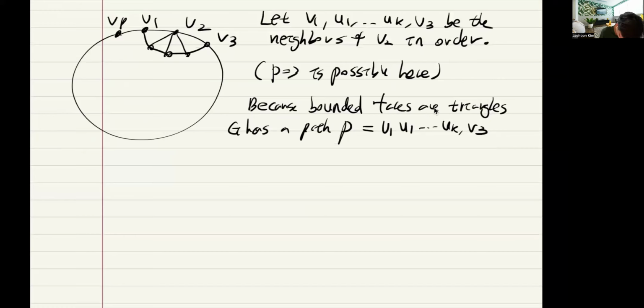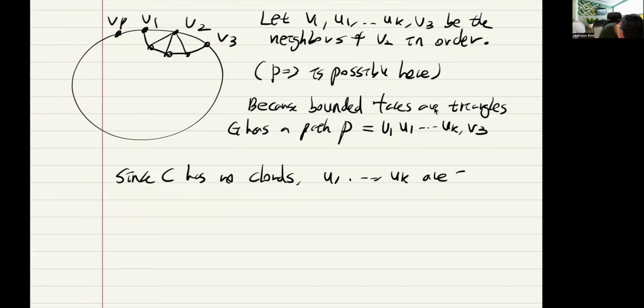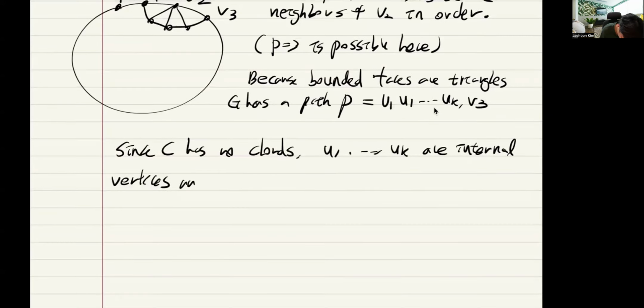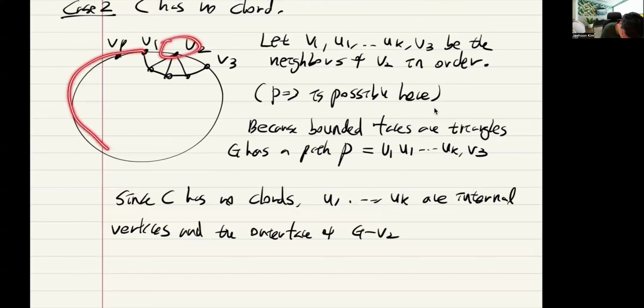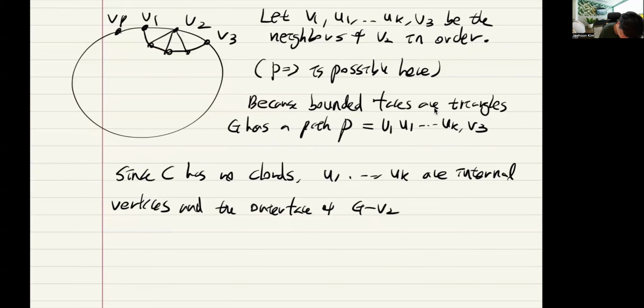What do you know? And C has no chord. U1 to UK are internal vertices, which are not external vertices. And the outer face of G minus P2. So you now delete this, and then you want to apply induction here.